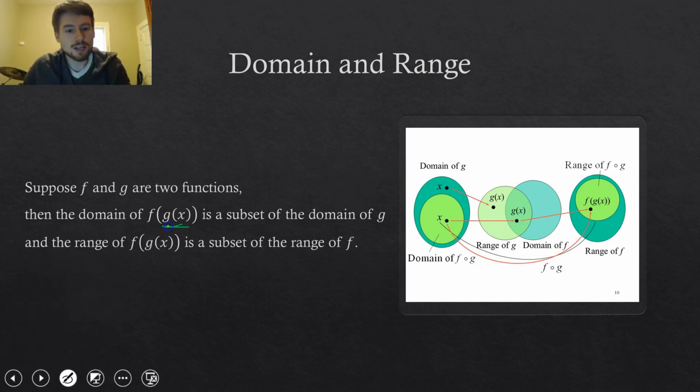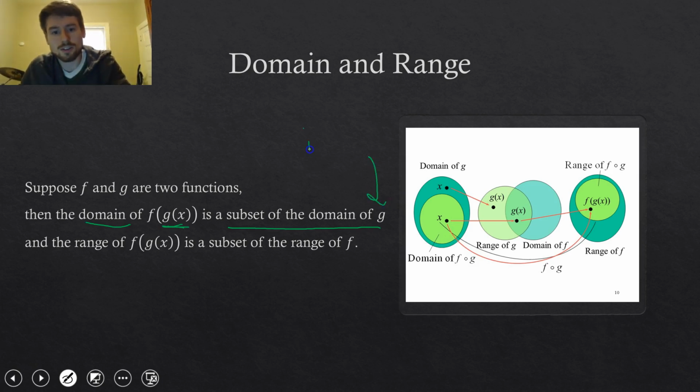You're always going to be plugging your x's into the function g first. So if you're trying to plug something in and it's not in the domain of g, then you can't even do that. So that's the first piece to note: the domain of the composition is always some part of the domain of the inner function.